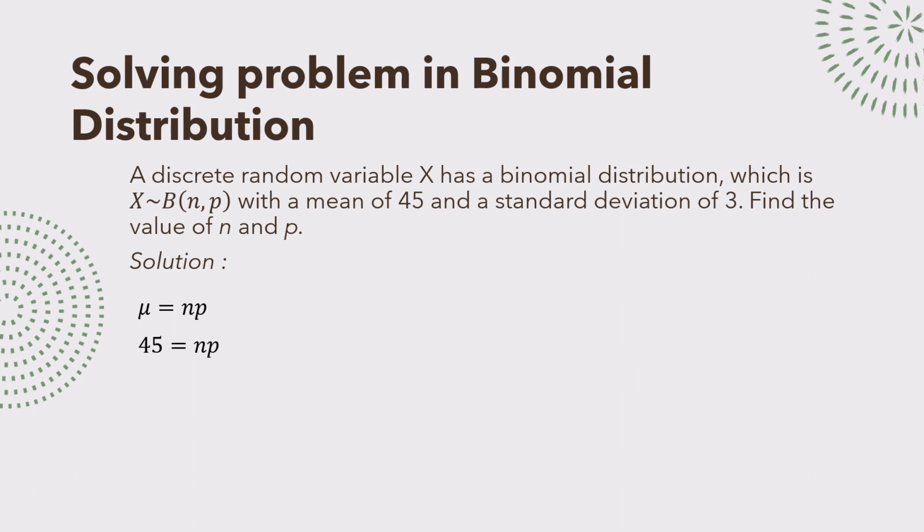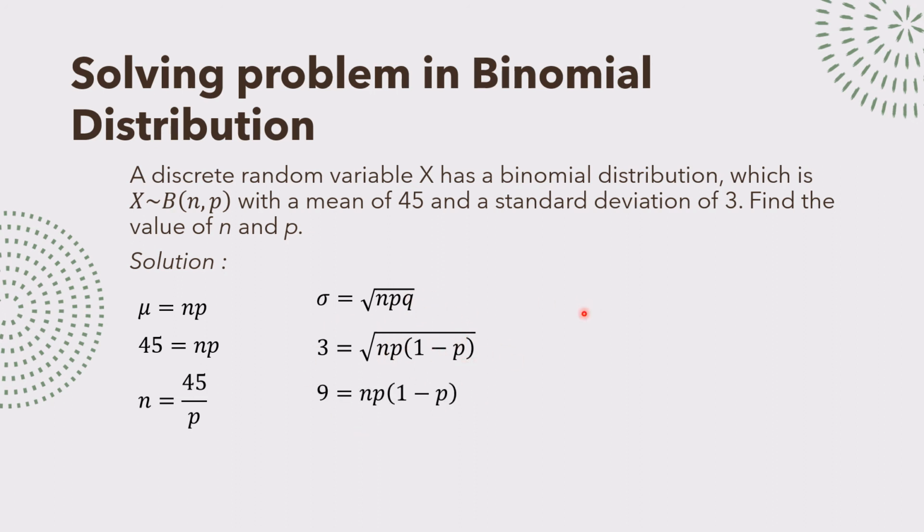So we need to find n and p. We make n the subject, so we get 45 over p. And the standard deviation is the square root of npq, and since q is equal to 1 minus p, we just substitute this value.